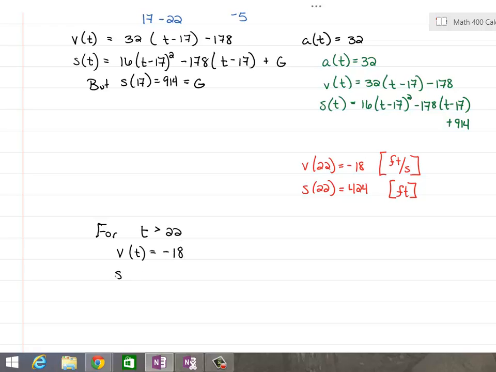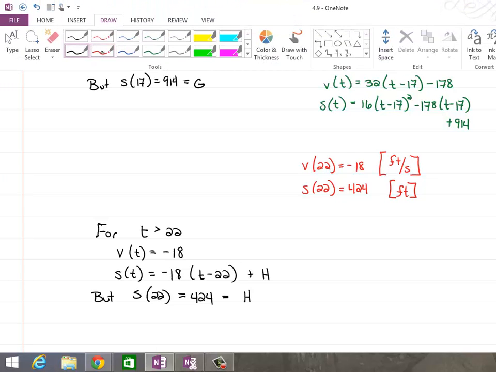And therefore, the position function is going to be negative 18 (t minus 22) plus h. And again, the position at time 22 is 424, which therefore, if you plug in 22, that should be h.